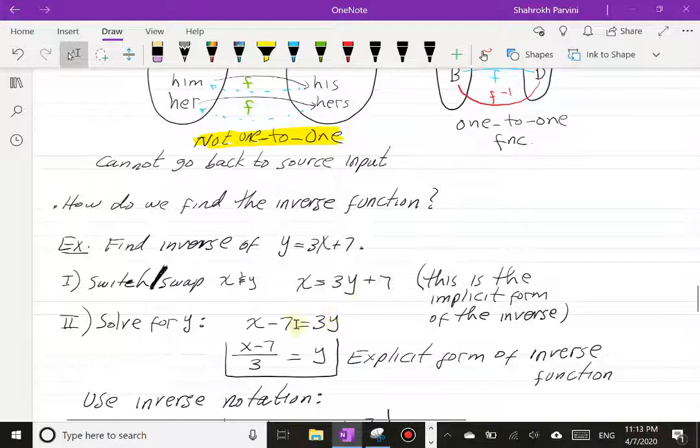I'm going to subtract 7 and divide by 3, and I did. And this is what we call the explicit form of the inverse function. See, when it's just y by itself. We have implicit again, where y is not solved, and explicit form is when y is solved. Implicit, y not solved. Explicit, y is solved.